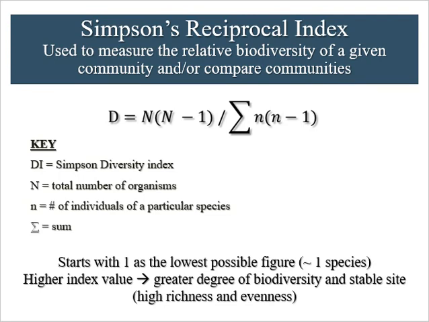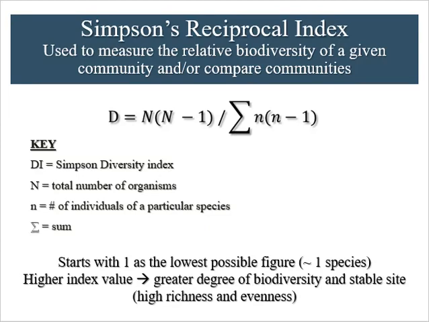Now, as I said before, the Simpson's reciprocal index can be used to compare communities to identify intrinsic qualities. A high value suggests a stable site with many different niches and low competition. So you have high richness, high evenness. A low index value represents a site with few potential niches, where only a few species may dominate.